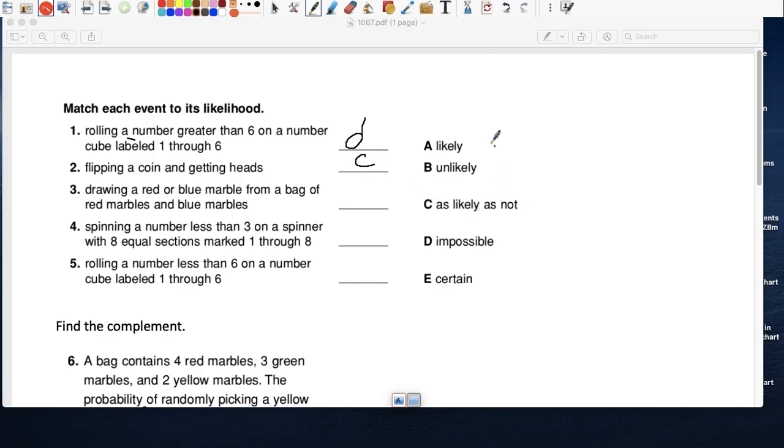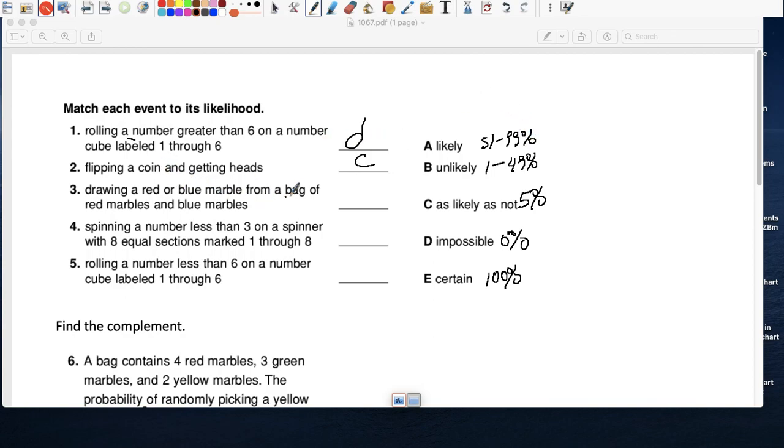Because this is 100%. This is 0%. Sorry. This is 100%. This is 50%. Unlikely is like from 1 to 49%. This would be 51 to 99%.